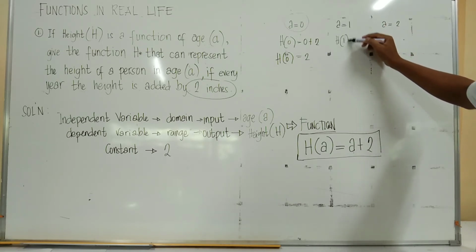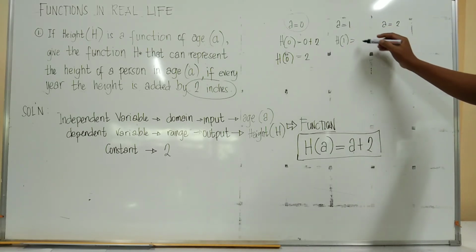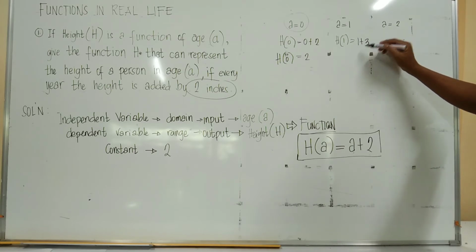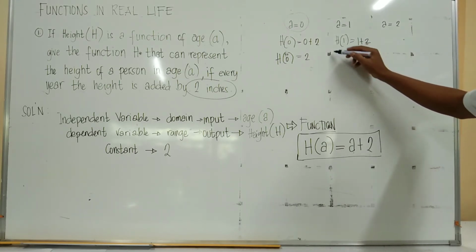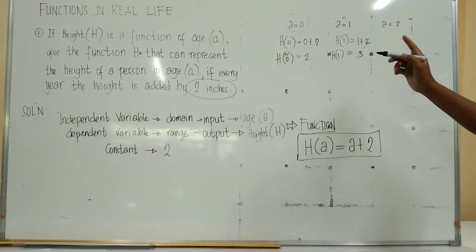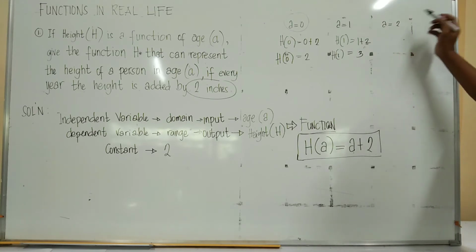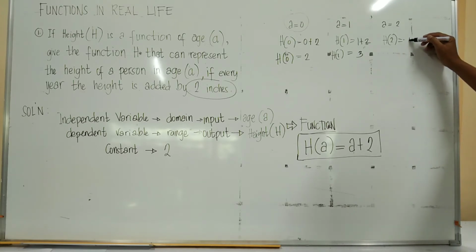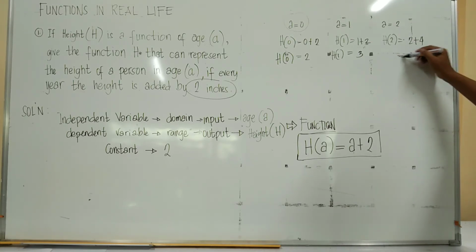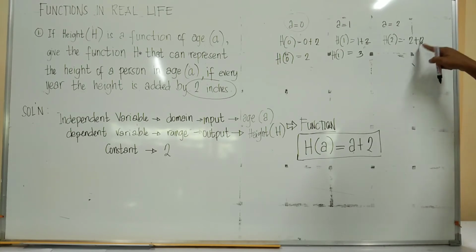Then input 1: as a is equal to 1, the height is 3 inches and the age of the person is 1 year. And so on, the height of a person is 4 inches when the age is 2 years.